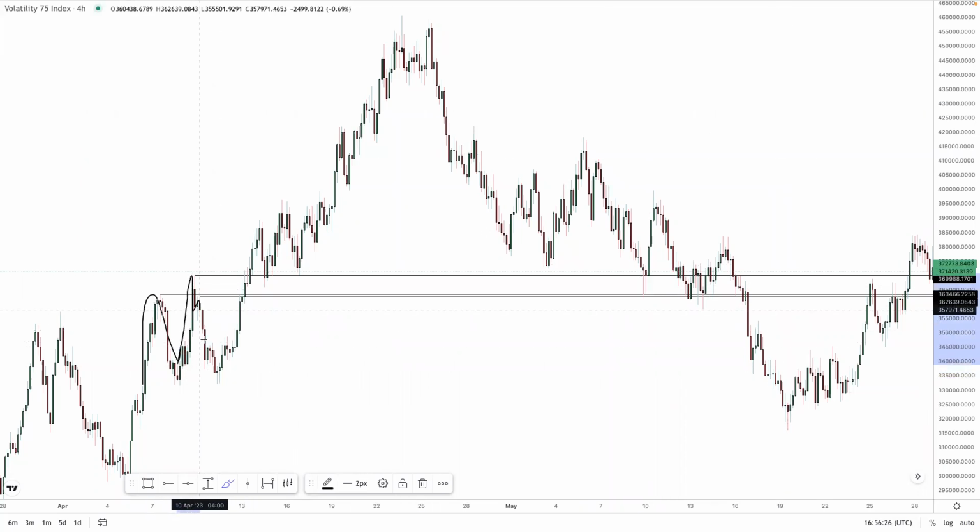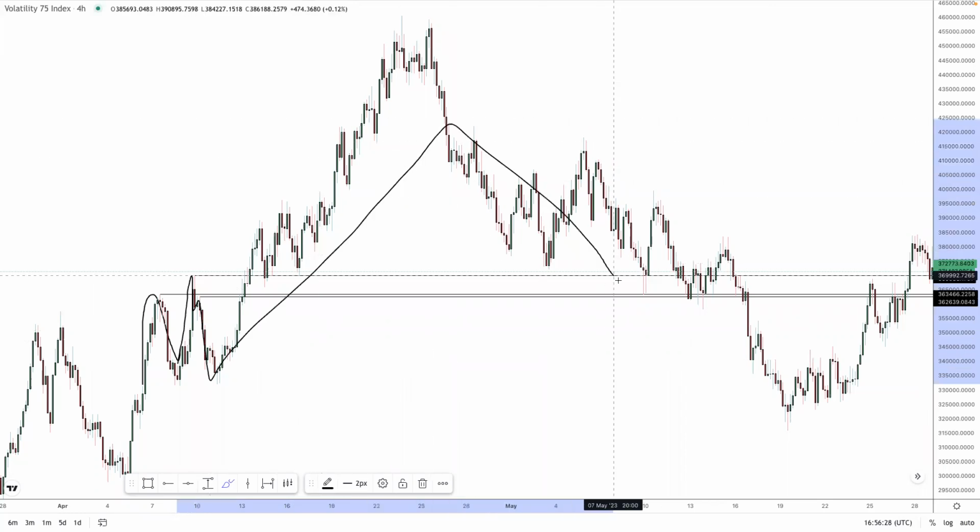I'll show you more examples. Then price came to respect our hidden invalidation.